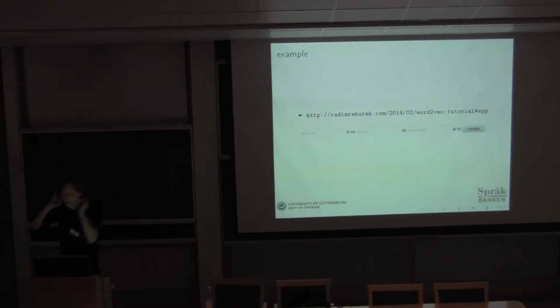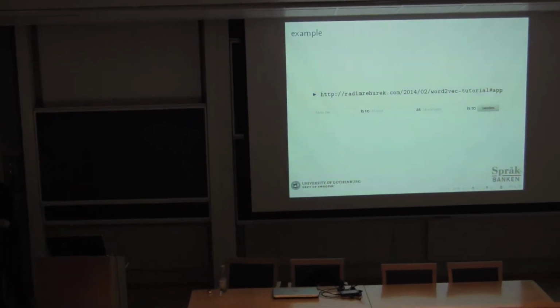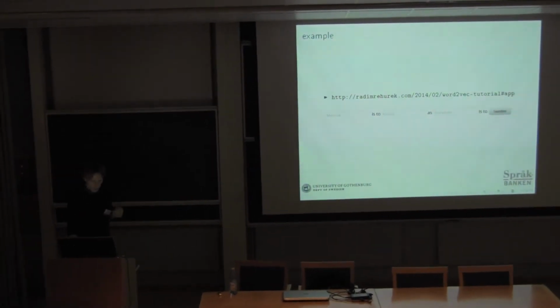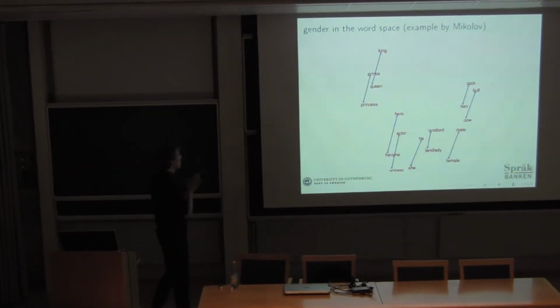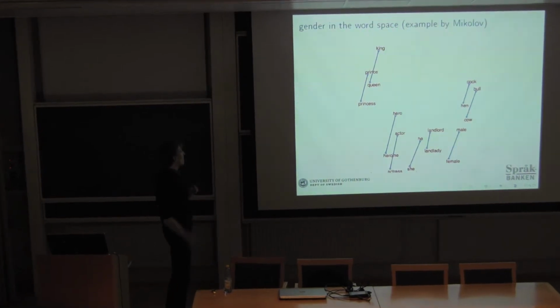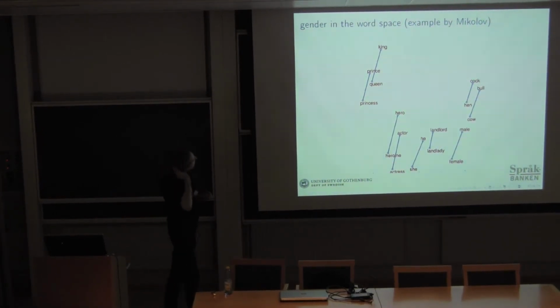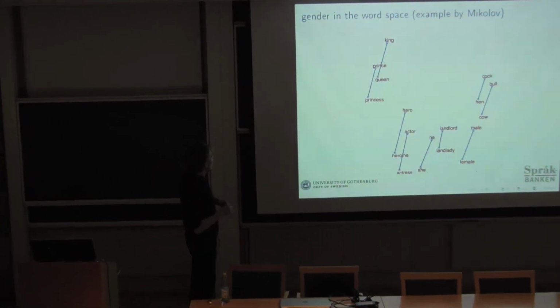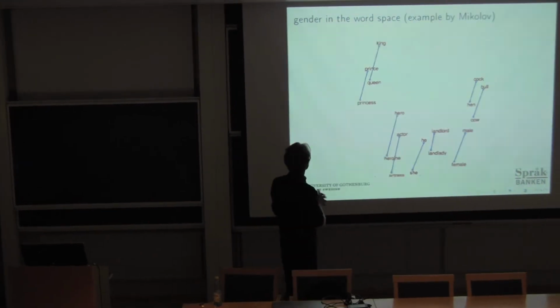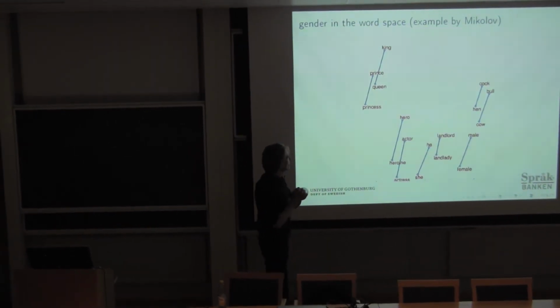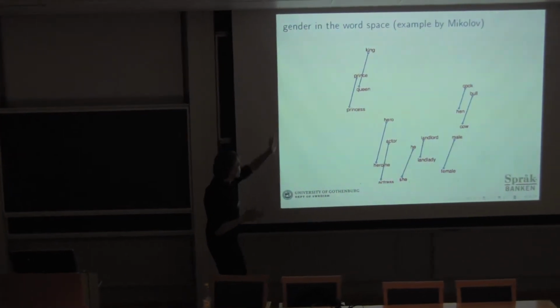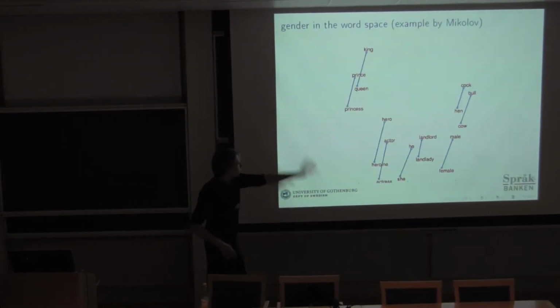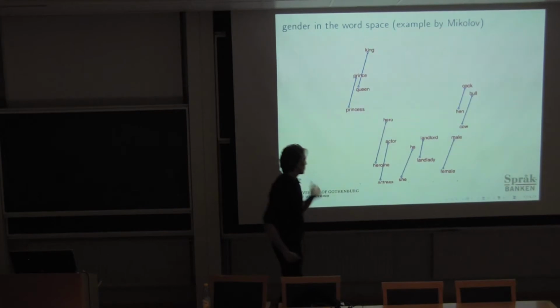Okay, so if we look at it a bit more analytically, what this shows is that the word spaces have some, let's say, regularities. If we look at, for instance, male and female words such as king and queen, prince and princess, and so on, they're nicely lined up in a fairly structured way.